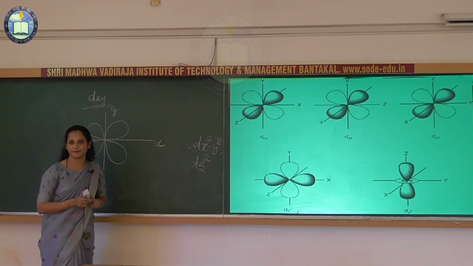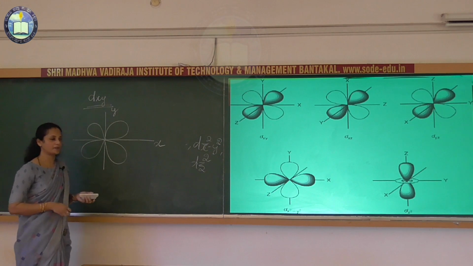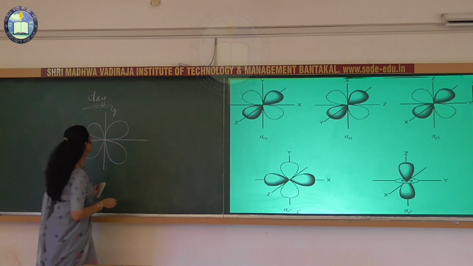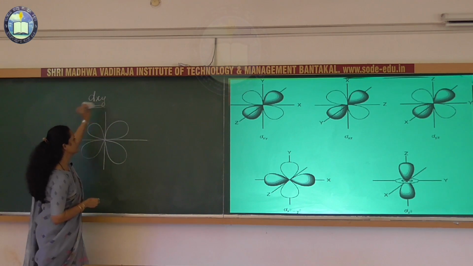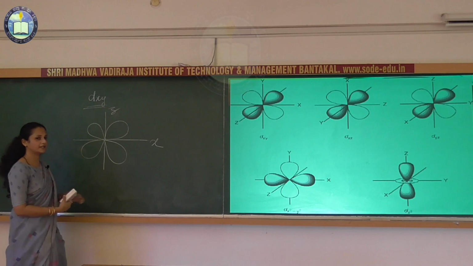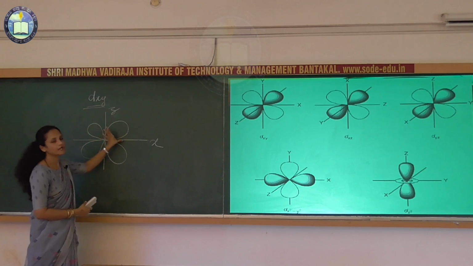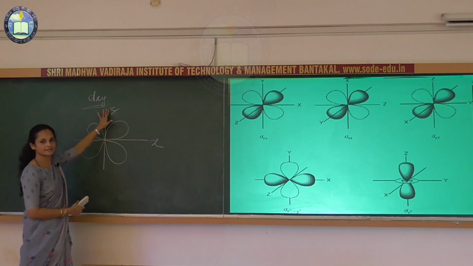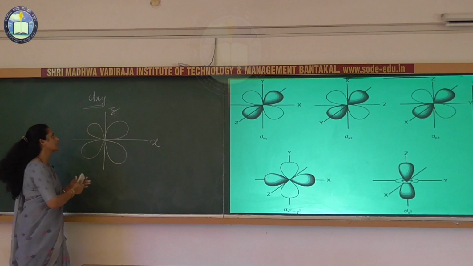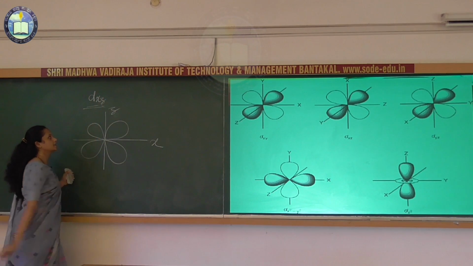Just change the axis, x and z. If I take this as the x axis and this one as the z axis, I have shown the lobes between the x and z axis. So this represents the shape of the dxz orbital.